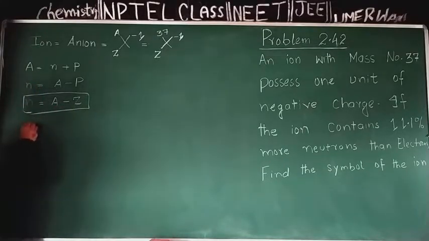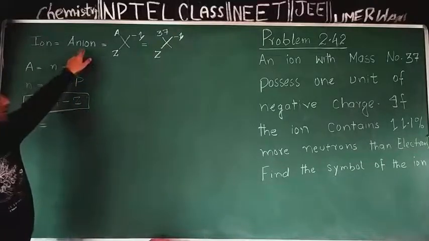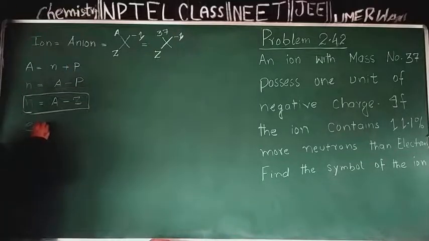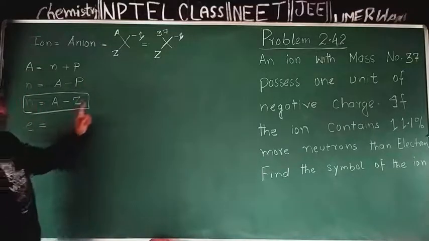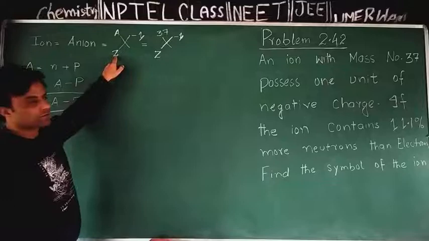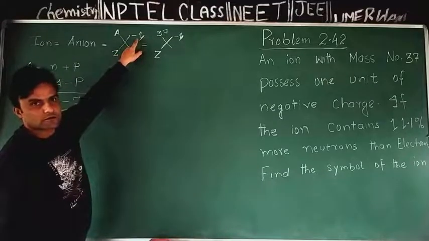Number of electrons in this anion I need to calculate. Number of electrons will be equal to number of protons plus 1, because the magnitude of charge on this anion is 1.